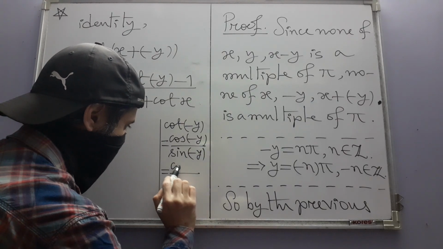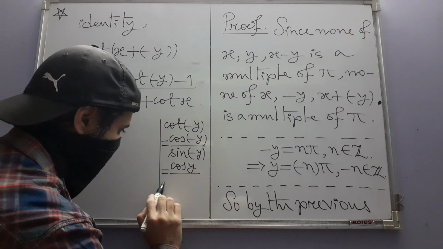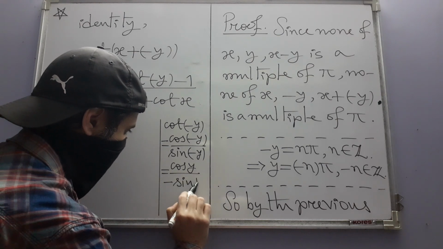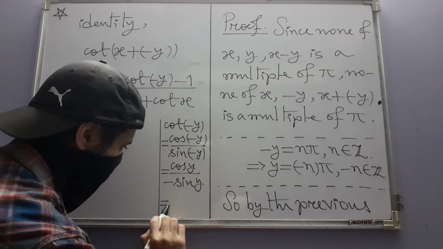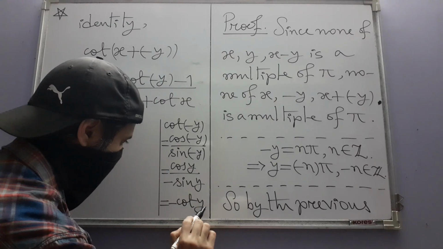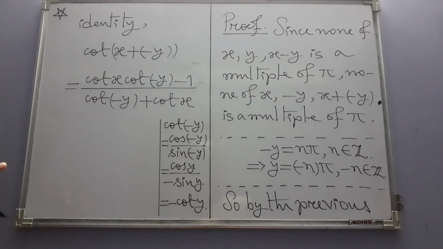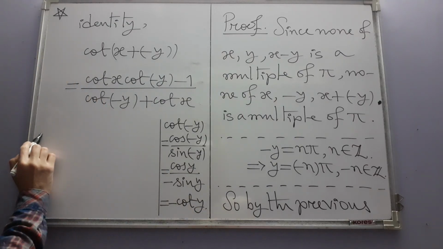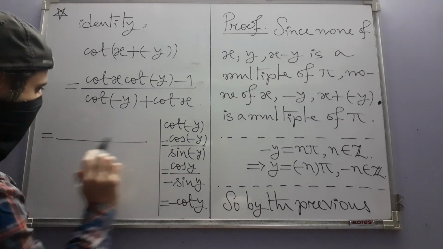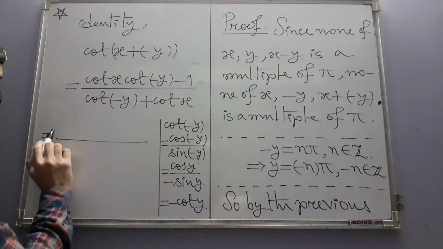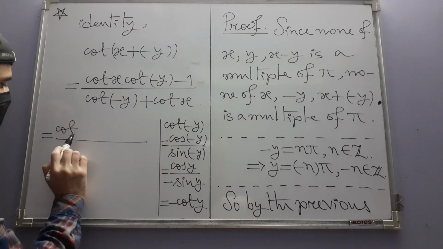Cos minus y is cos y, however sin minus y is minus sin y. So ultimately it becomes minus cot y. If you use this, now your expression is going to turn into this.